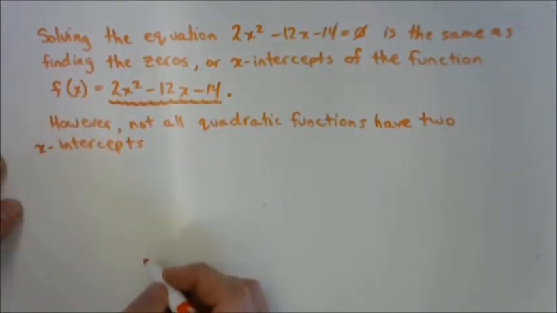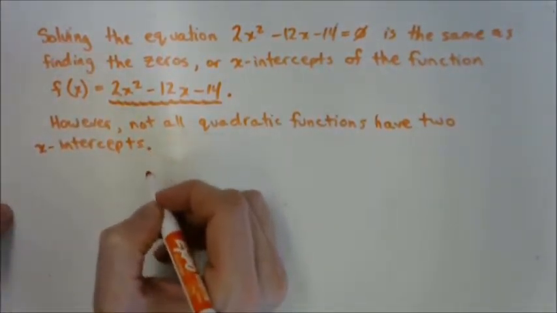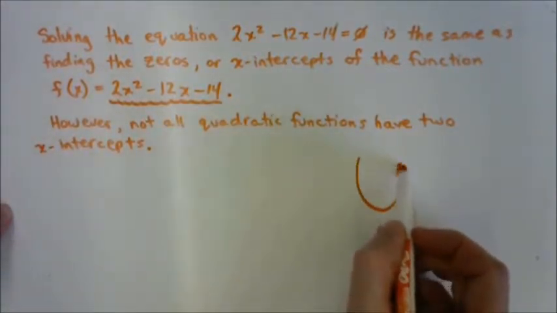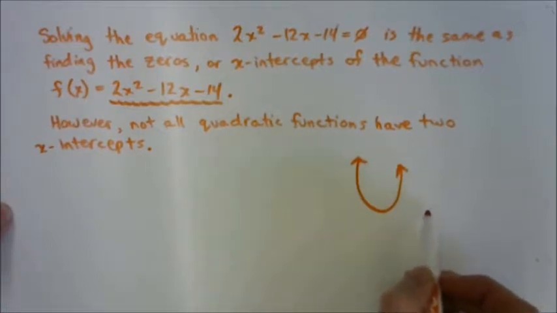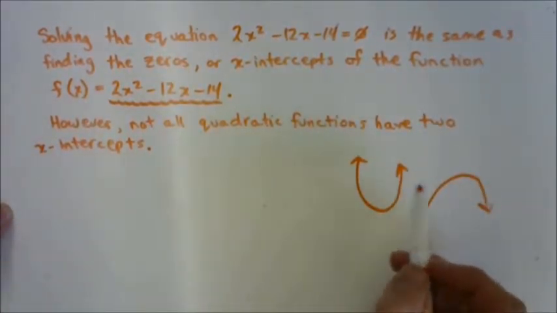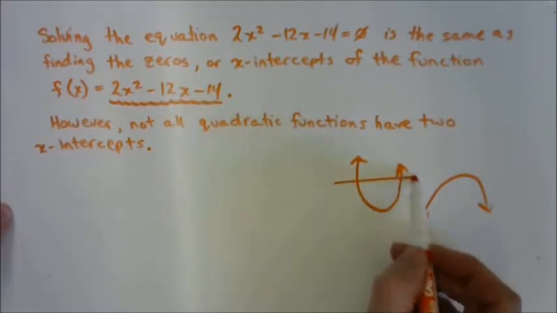Can you think of an example that wouldn't have an x-intercept? Remember, a quadratic function is a parabola, opening up or down, fat or skinny. Can you think of an example where a parabola would not cross the x-axis?